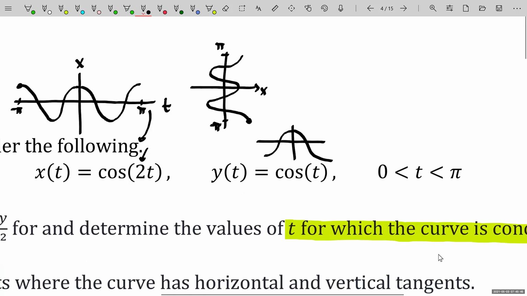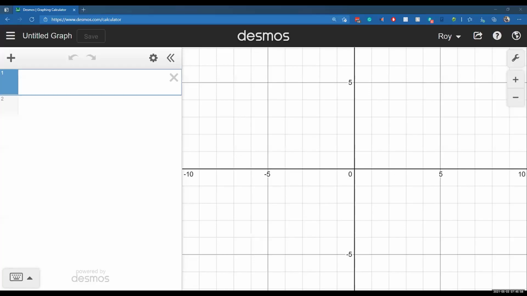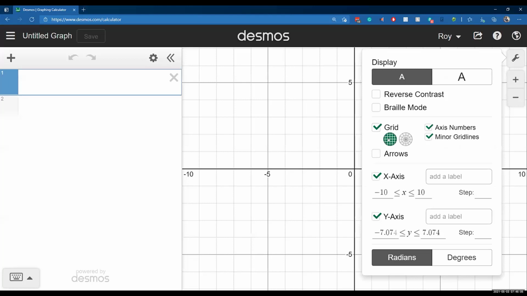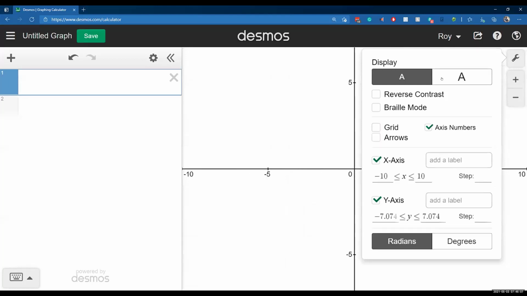But let's go ahead and check this out on Desmos. I'm going to head over to Desmos really quickly. And meanwhile, I'll take a drink here. All right, over at Desmos. I'm going to go ahead and turn off the grid. It's never very helpful.